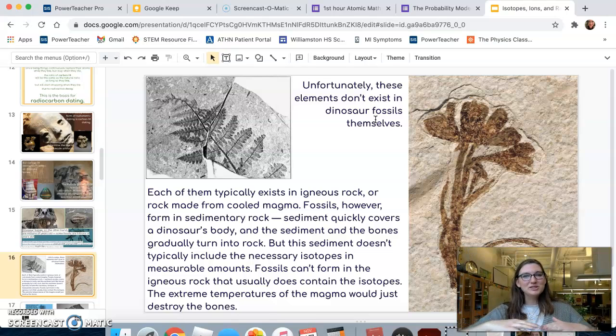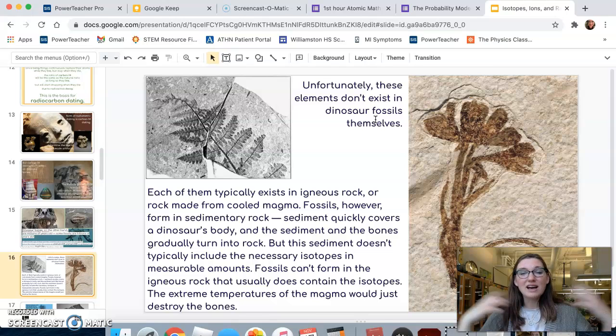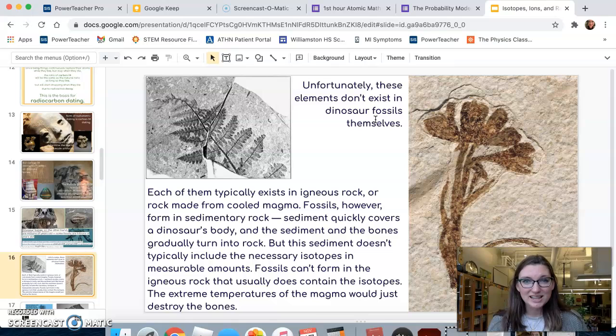They need a layer of igneous rock, meaning lava dust, basically, where there's been a volcano and that dust has settled, or where lava has moved through that area, because igneous rock can contain radioactive materials. Those giant atoms can be created in the super crazy processes inside the earth. So magma will contain those things.